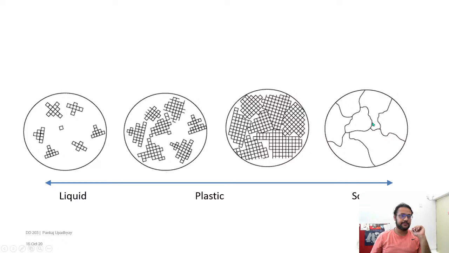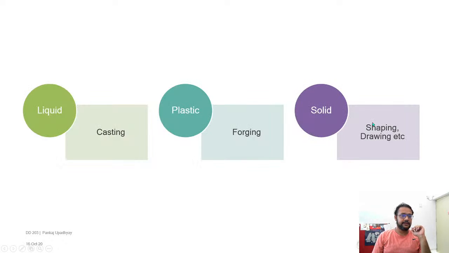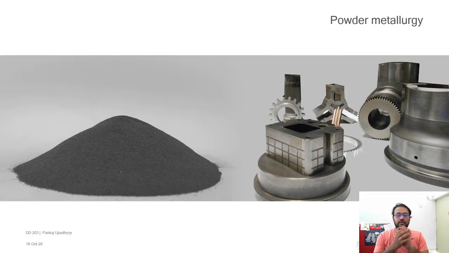I think I showed you this slide before. So today we are going to talk about something called powder metallurgy. So this does not lie in that spectrum. If you want to put it in that kind of chart, it does not lie there.